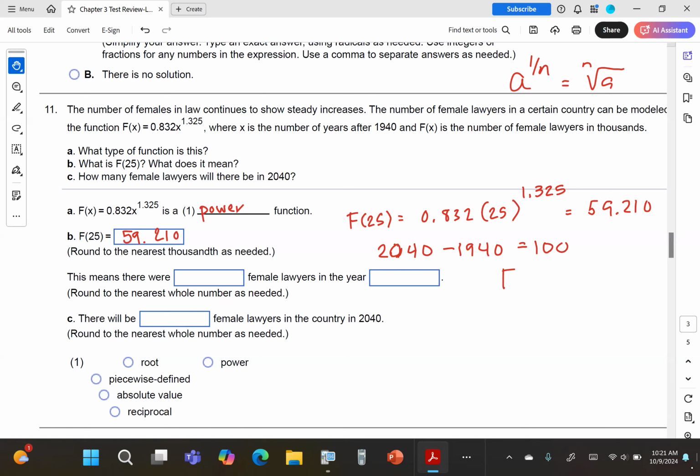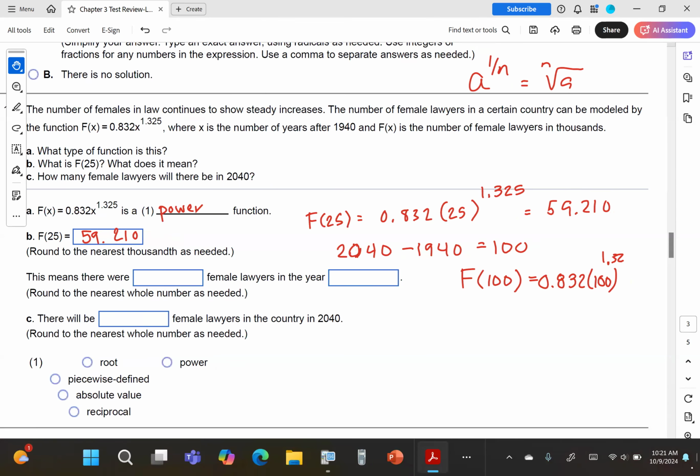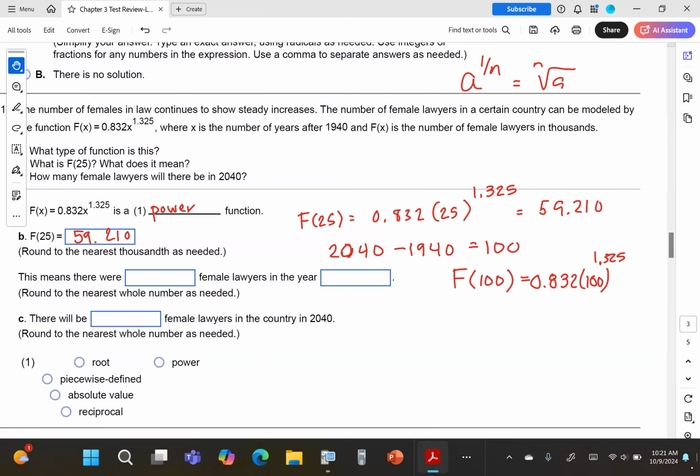What do you get? 371.641, rounded off to 3 decimal places.